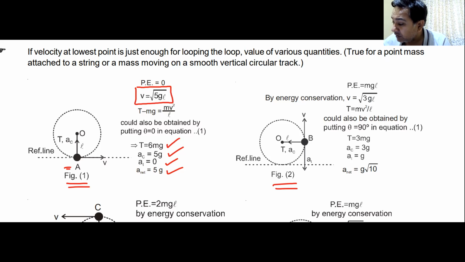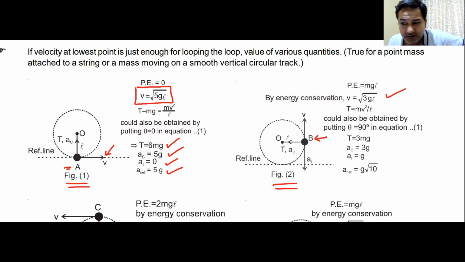Figure number 2, they have given root 3gl, just the intermediate velocity between root 2gl and root 5gl. And you can note down these quantities. Now, the speed at the lowest point is root over 5gl, and then they have told you, if the speed is root over 5gl, how much is the speed at point B?